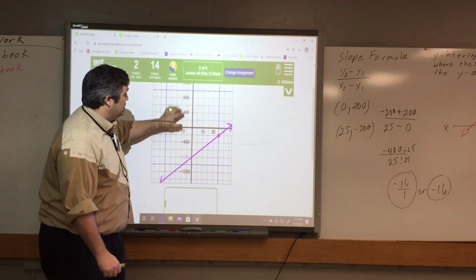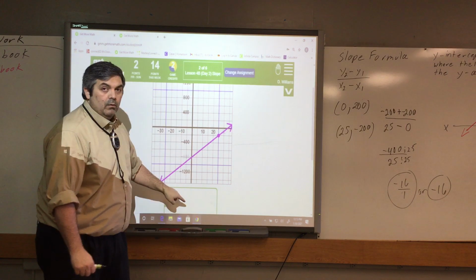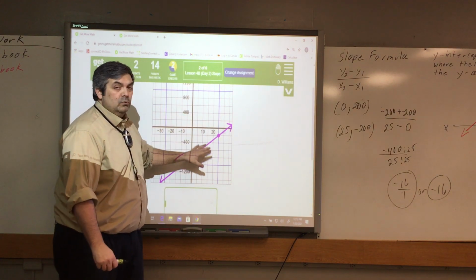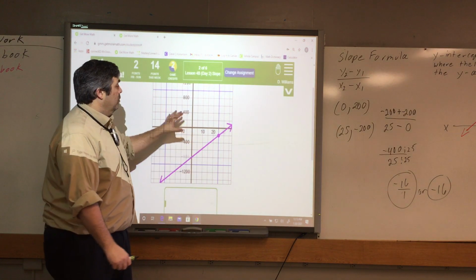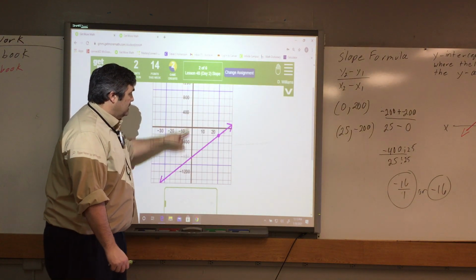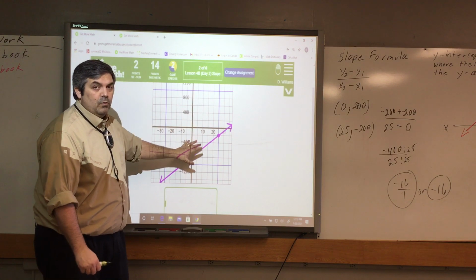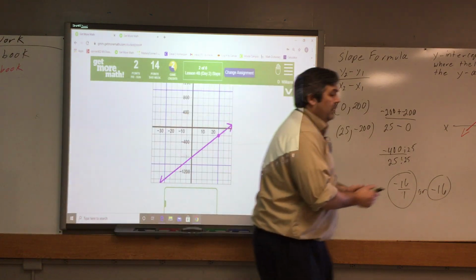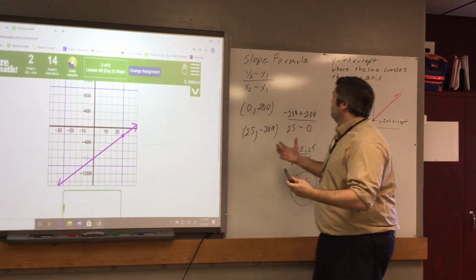Watch the rates at which they go. That's the reason we don't use the rise over run on this. We're using the slope formula, because these rates of change are very difficult, so watch those.